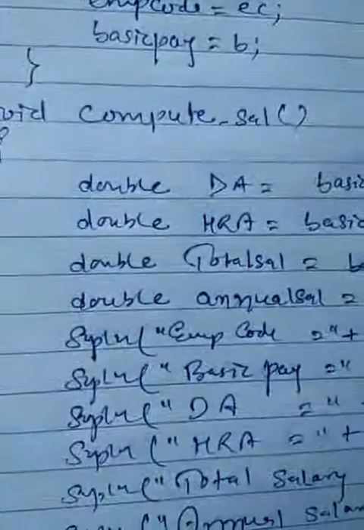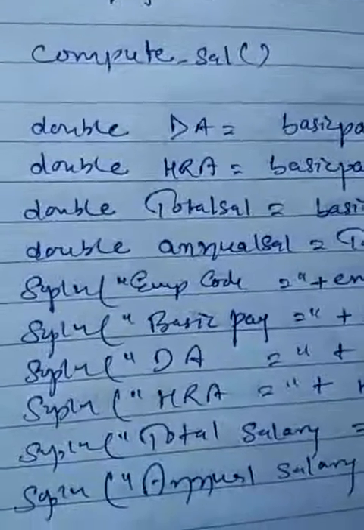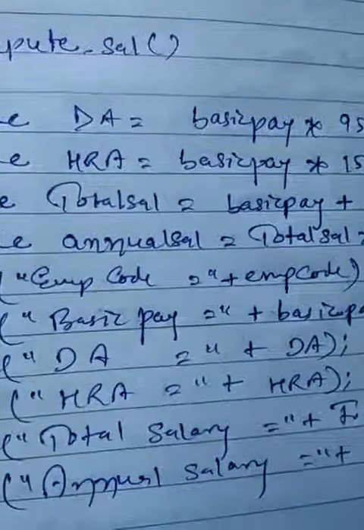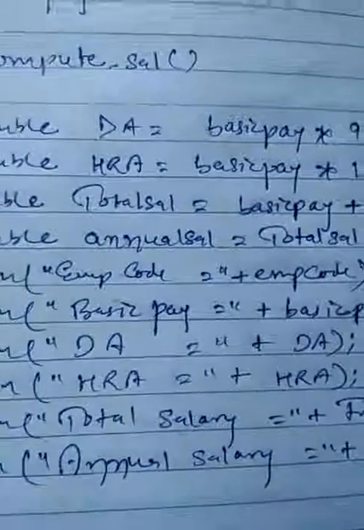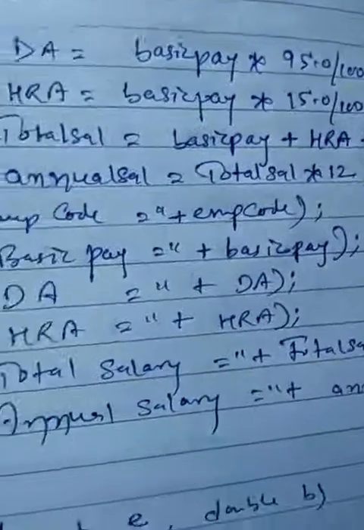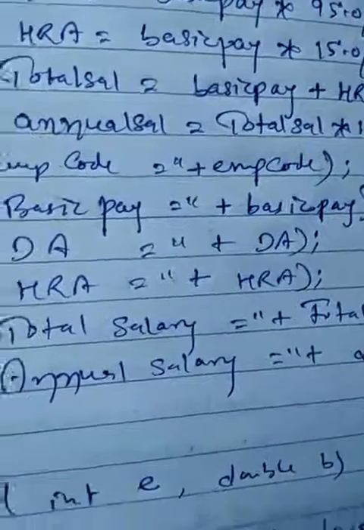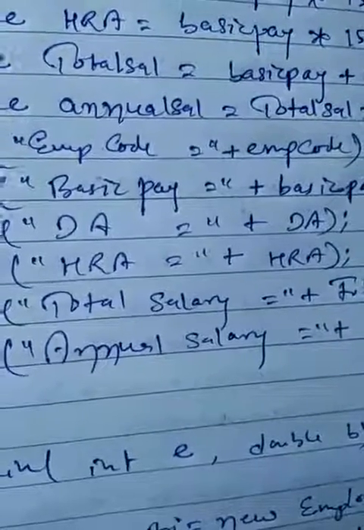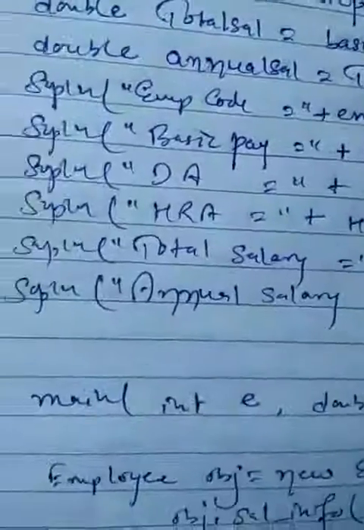Now in the compute_salary function we have to calculate the DA, that will be 95% of basic, and HRA, 15% of basic pay. Total salary will be the basic pay plus HRA plus DA, and annual salary will be total salary into 12. Now we are printing all the details: employee code, basic pay, DA, HRA, total salary and annual salary.